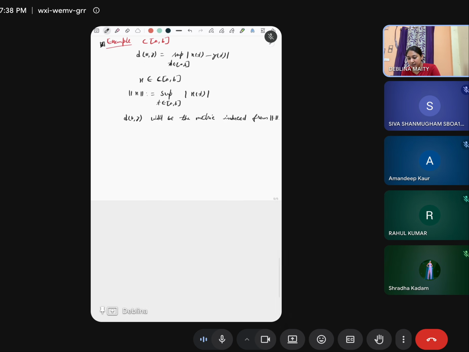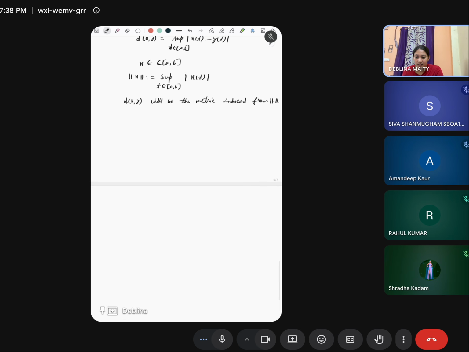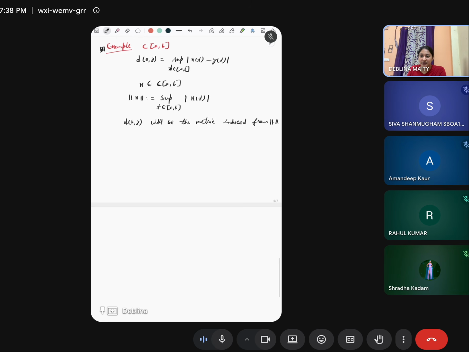So in the third example we have taken the discrete metric. Now the question is: is this discrete metric induced from some norm? That is, can a metric on a set X be induced from a norm defined on X?